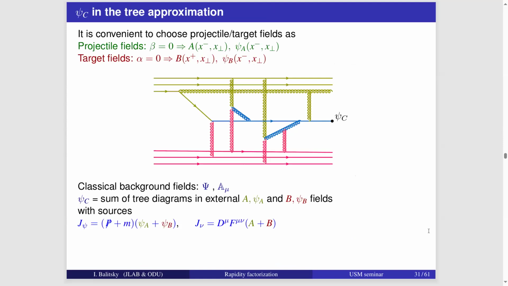For example, this is the correction field for the quark. What you calculate is a bunch of the following diagrams, a quark line. These are projectile fields, these are target fields. In the middle, you have a field which is neither target nor projectile, and you need to calculate such diagrams. Of course, in practice, you need to calculate a couple of them.